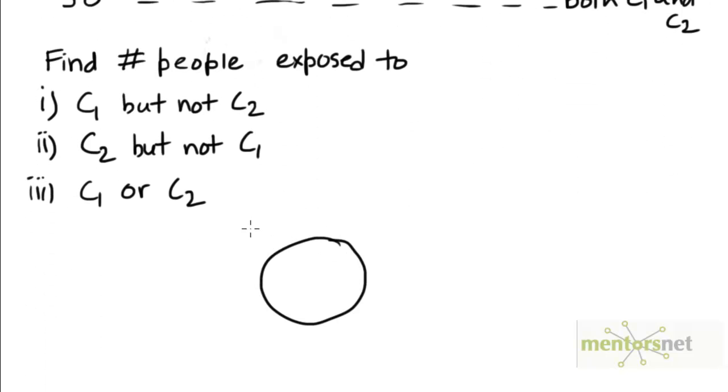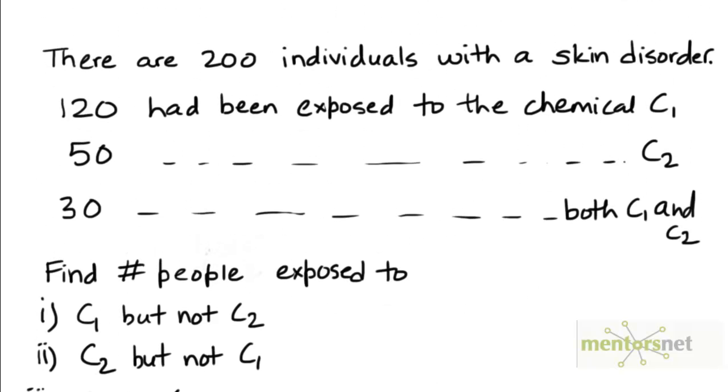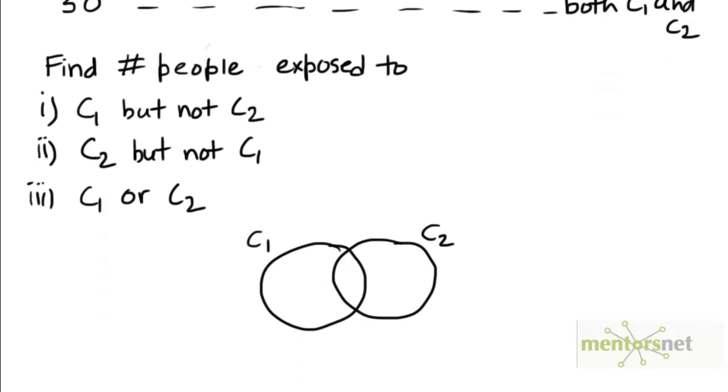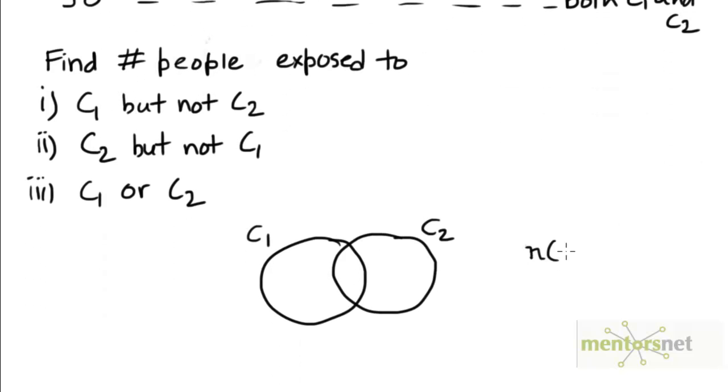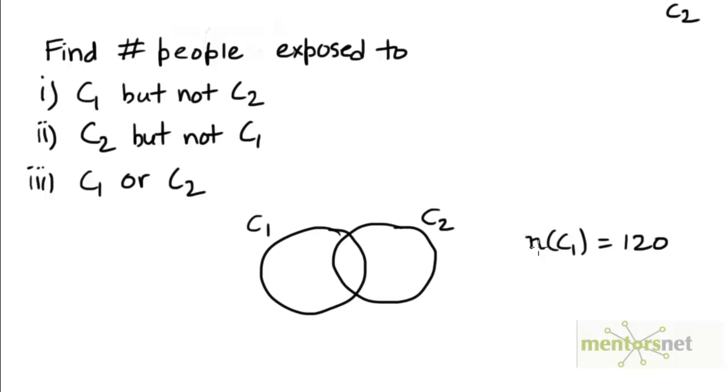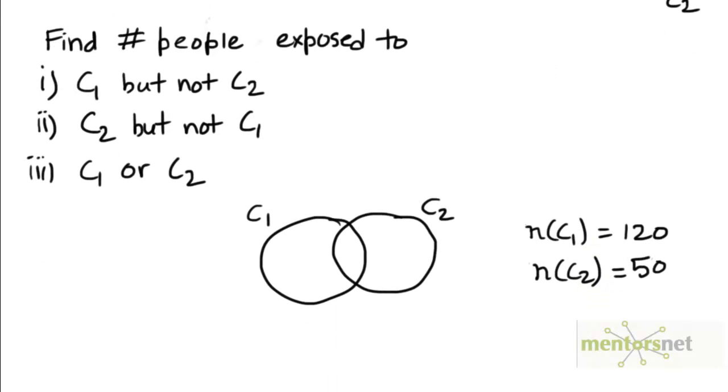Let's say this is the set of people exposed to the chemical C1. This is the set of people exposed to the chemical C2. We are given that 120 were exposed to the chemical C1. So N of C1 is 120. 50 had been exposed to the chemical C2 and 30 to both.